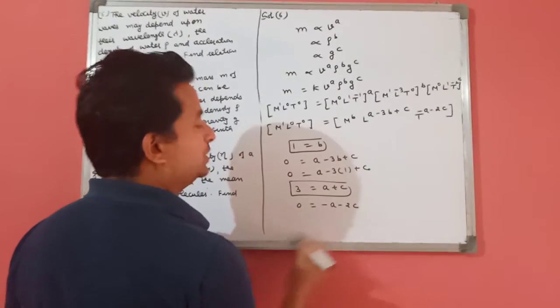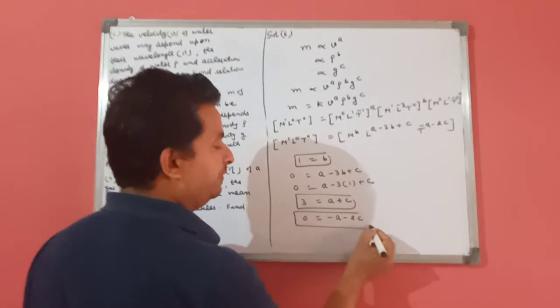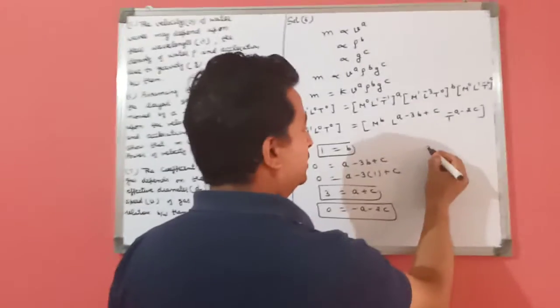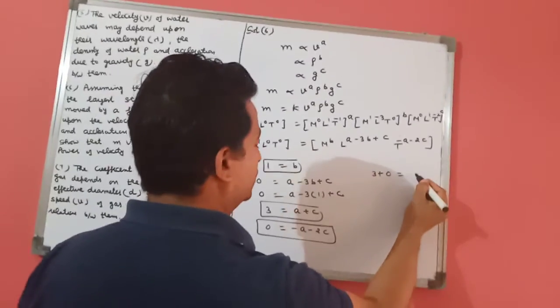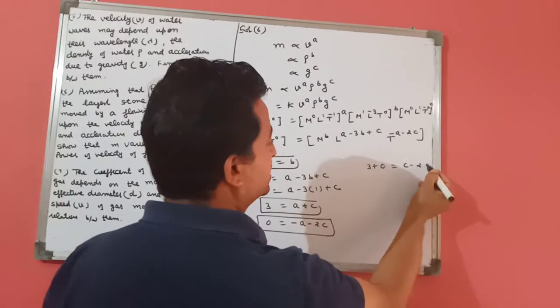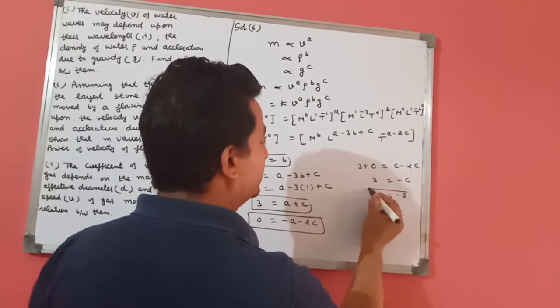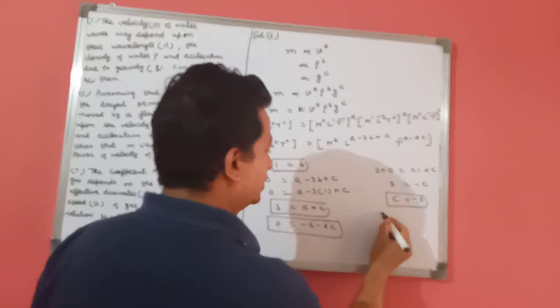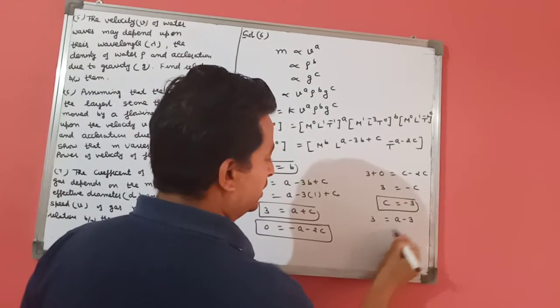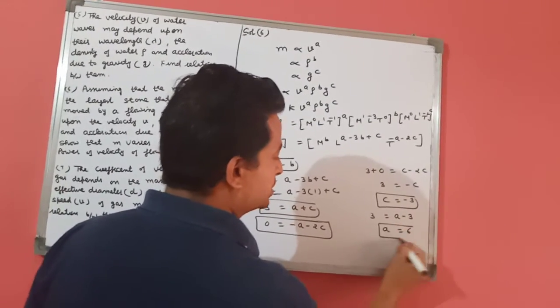and 0 is equal to -a - 2c. When we add these two equations, the left-hand side is 3 plus 0, a cancels out, and we get -c. So 3 is equal to -c, so c is equal to -3. When we put the value of c, we get a is equal to 6.